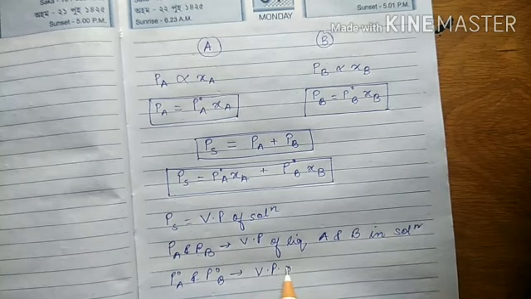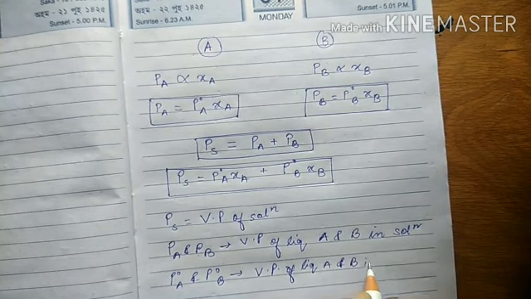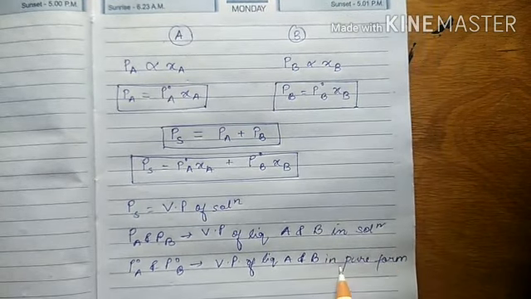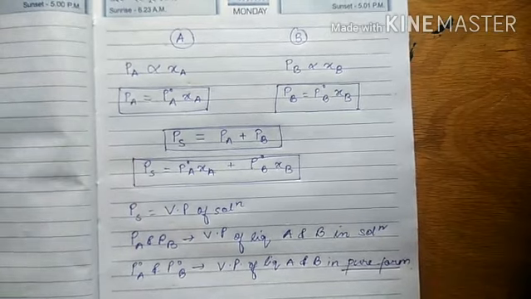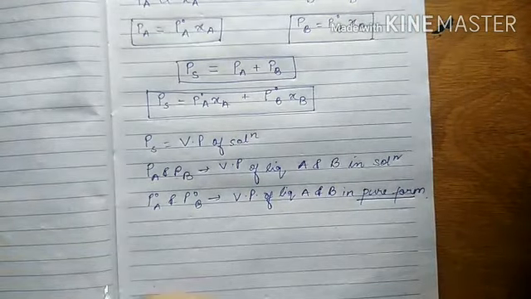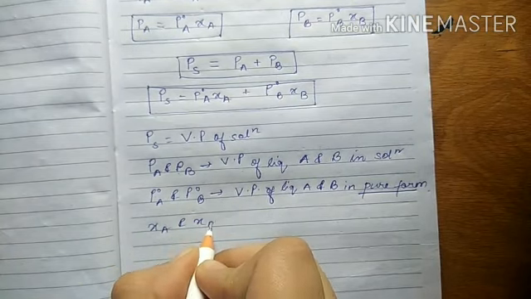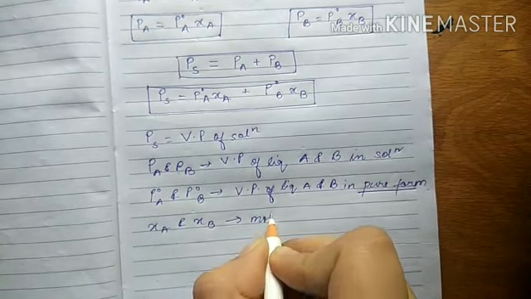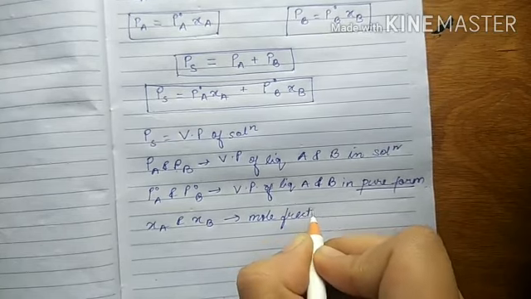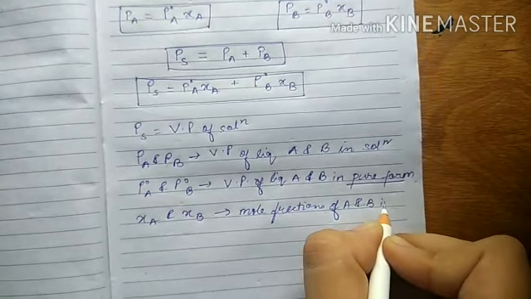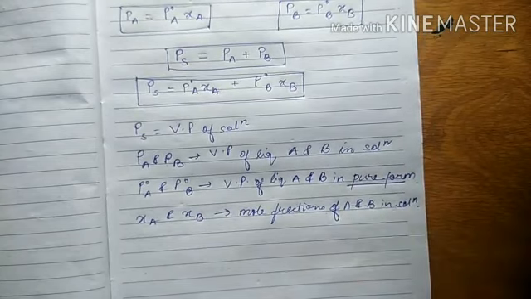This is the vapor pressure of liquid A and B in pure form. In pure form. This is important while solving numericals. In pure form, and as we know, XA and XB, they are the mole fractions of A and B in solution.